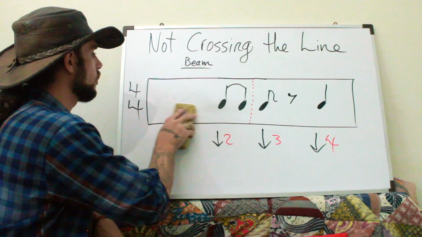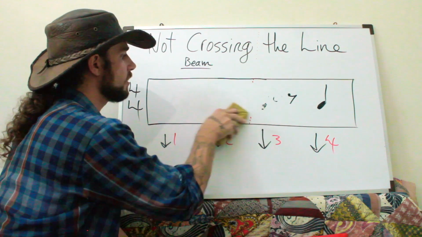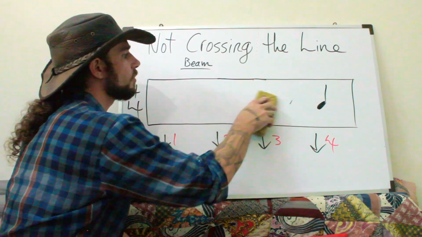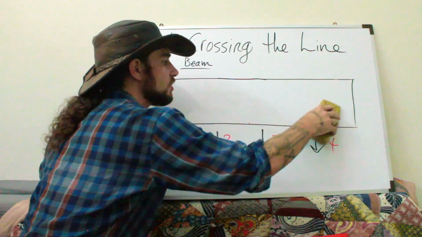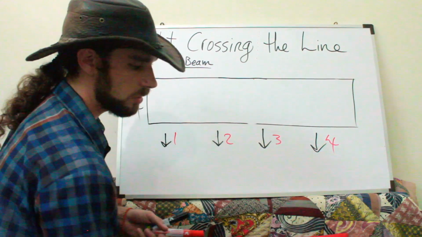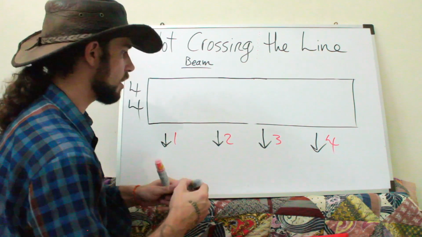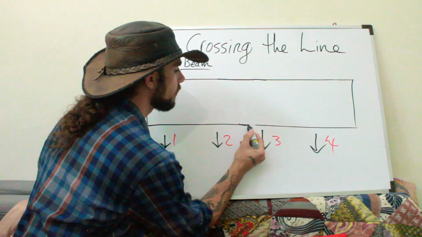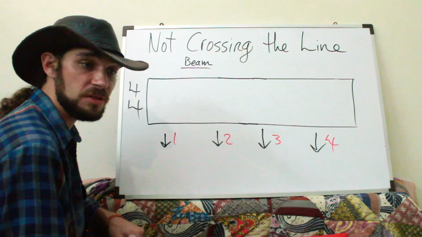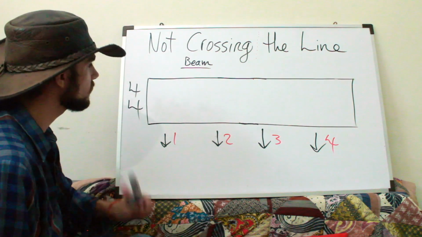Let's look at one more example of crossing the line, and then I think you can get the picture and start paying attention to this concept, and slowly you will start to not cross the line when you write your music. And then all your friends will be able to read your stuff even faster, and good times.